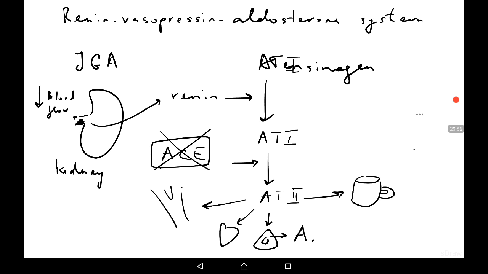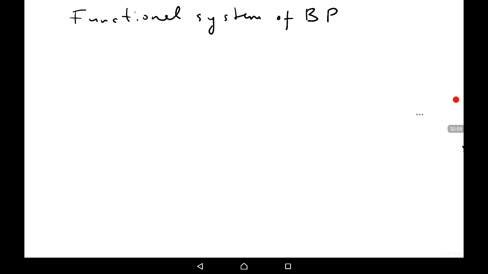So now we will speak about the regulation of the blood pressure. And to discuss this topic, we will draw the functional system of the optimal blood pressure. As usual, we will start to draw this functional system with metabolism, and we will show that there is a close relationship between the metabolism and the optimal blood pressure.